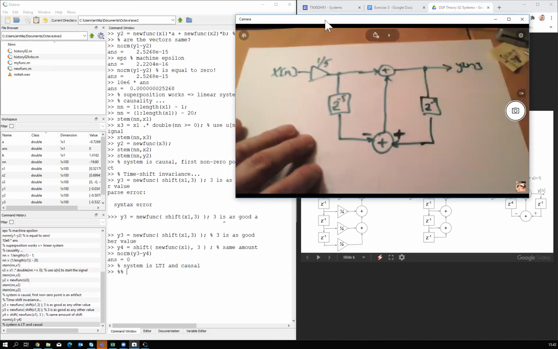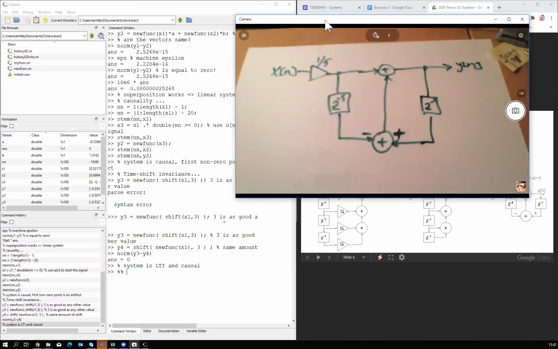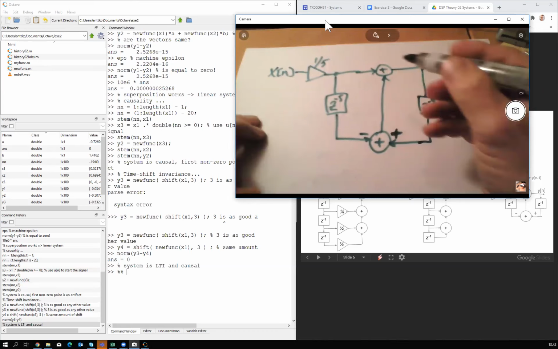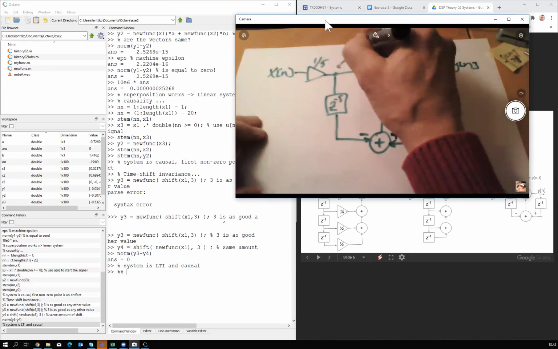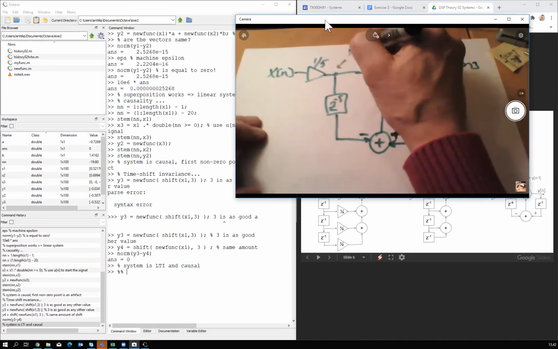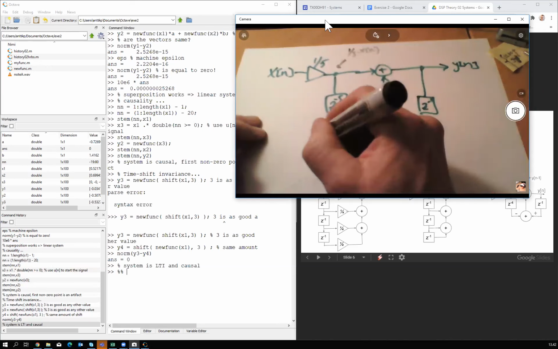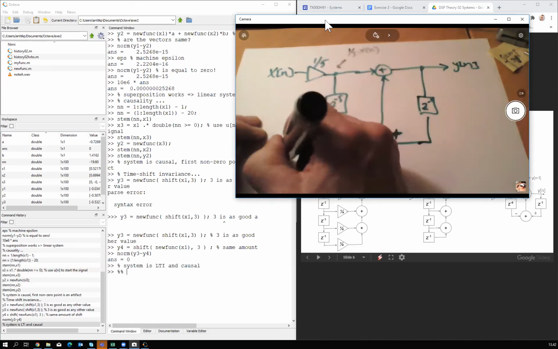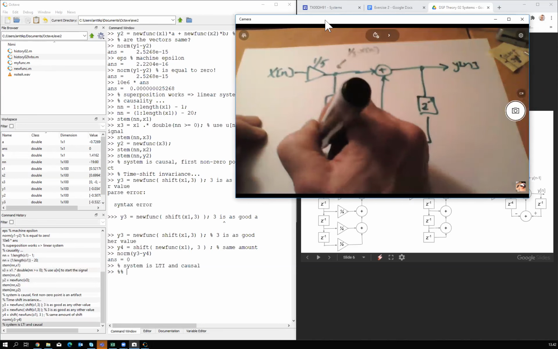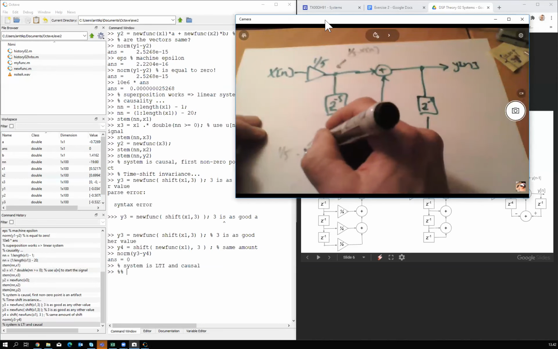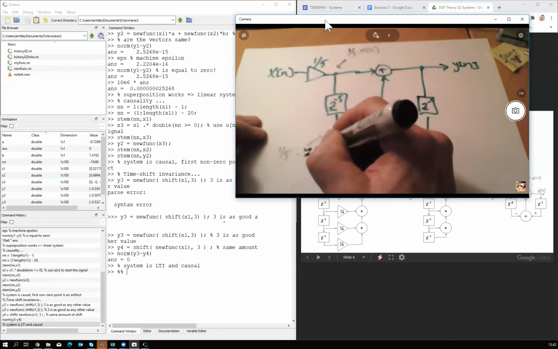And how to actually go through the system diagram. At this point, now I would like to have a different color. At that point, we have 1 over 5 times x of n. Here we have 1 over 5 times x of n minus 5, since there's a fifth order delay.